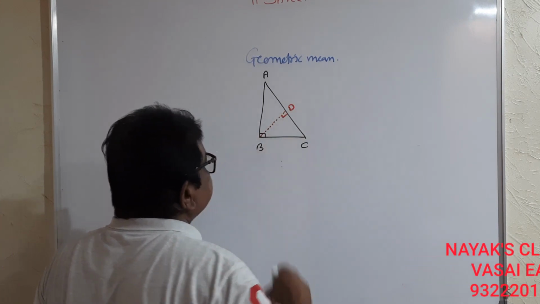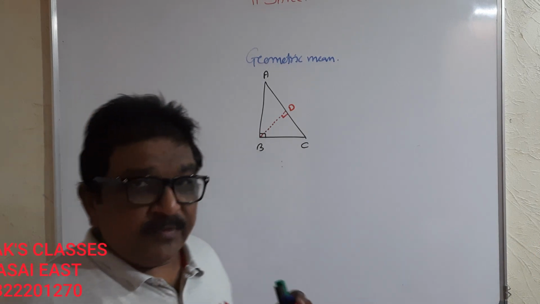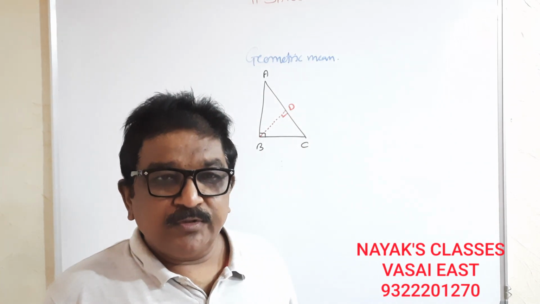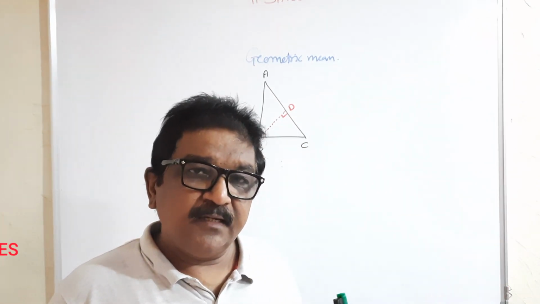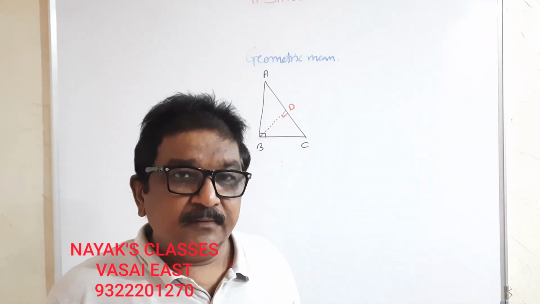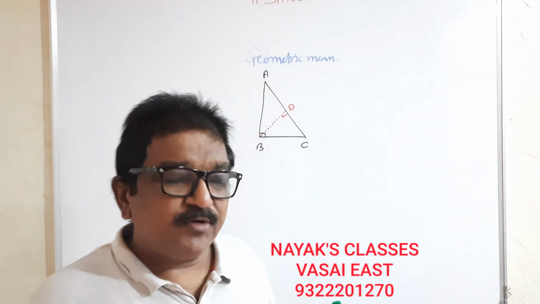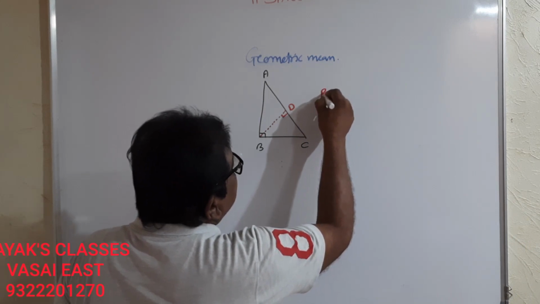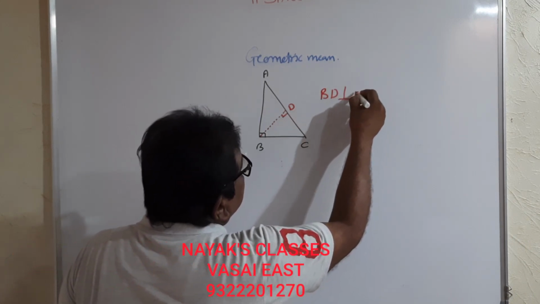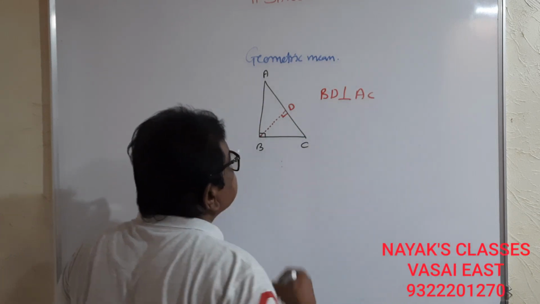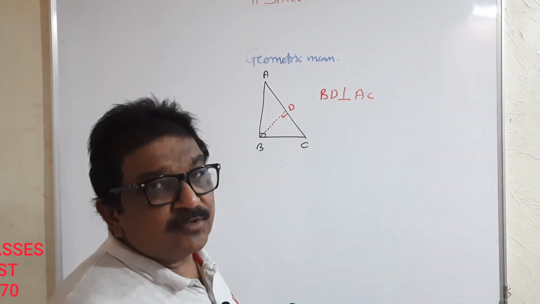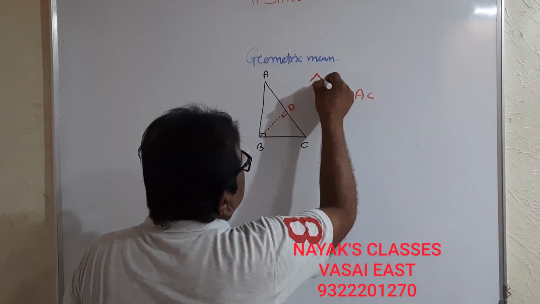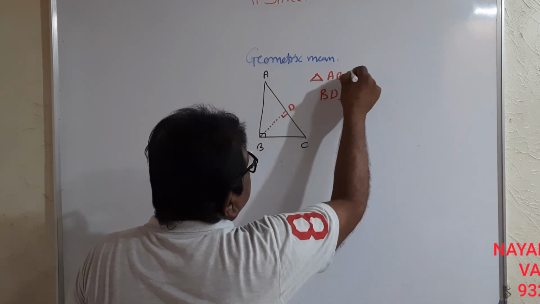Suppose the foot is D. We have drawn a perpendicular to the hypotenuse from the 90 degree angle, correct? So the condition is BD perpendicular to AC.